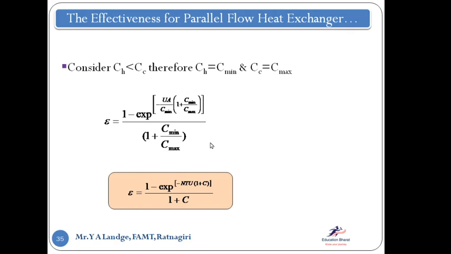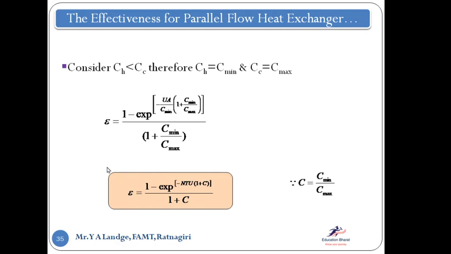So we write C minimum by C maximum as C. Again we make a change: UA by C minimum is the NTU. We know the definition of NTU, it is UA by C minimum. So we replace the term by NTU, and C minimum by C maximum is nothing but C, and we put it here and get this equation.